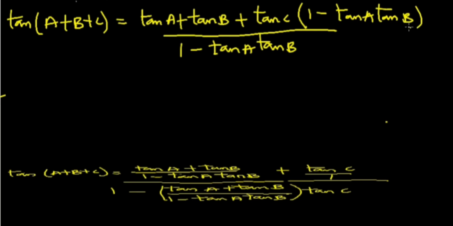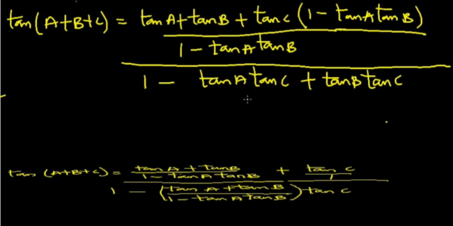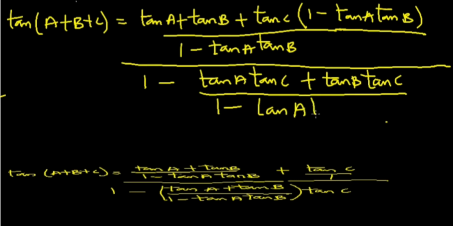So I've just made the numerator a single fraction, right? For the denominator, I'll have 1 minus, multiplying that C into the whole function, tan A tan C plus tan B tan C, over 1 minus tan A tan B. Very simple.